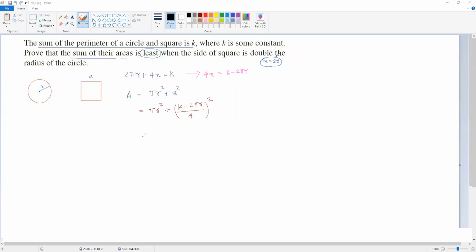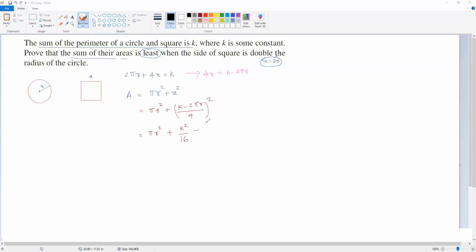So which is equal to pi r square. You can expand that, plus you can see that in every term divided by 16 is there. So upper a minus b the whole square, a square minus 2ab plus b square. So a square is k square, उसके denominator में भी 16 आएगा, minus 2ab.